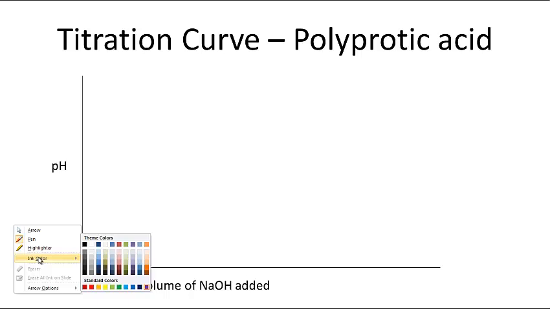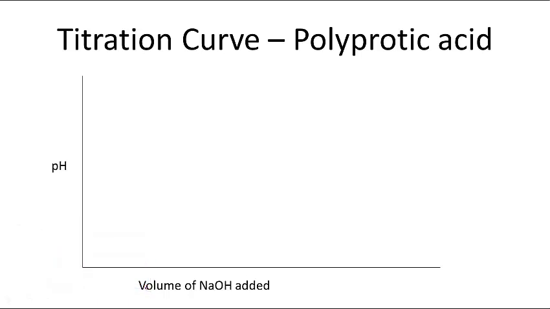So let's say we start out with H2A. At the beginning, we have mostly H2A. As we add strong base, what's the first thing that happens? It becomes HA minus. We pull off the first proton.